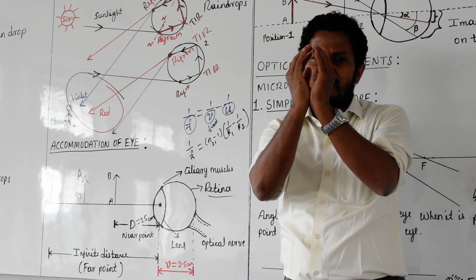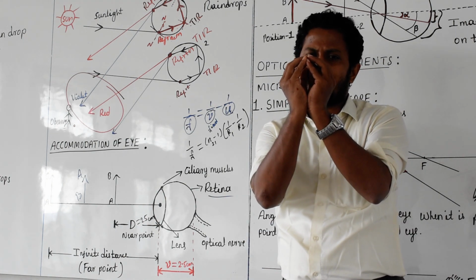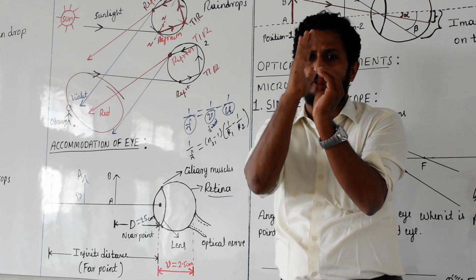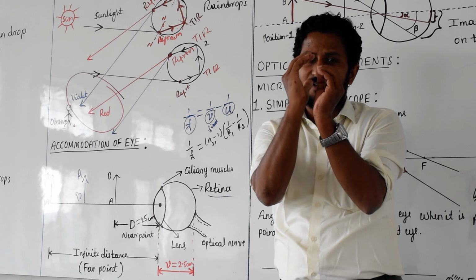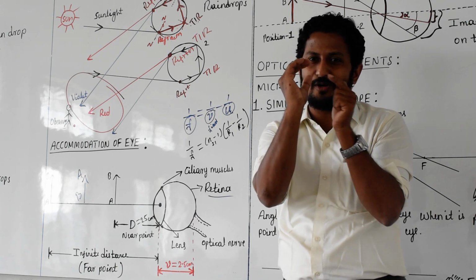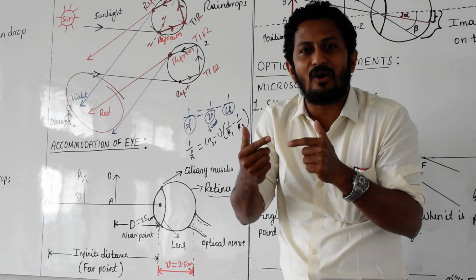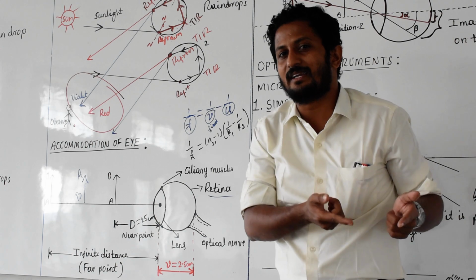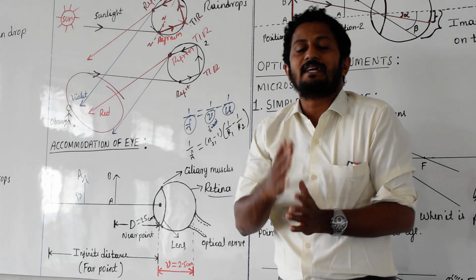When the ciliary muscles compress the eye lens, the curved portion, the curvature, decreases. What about the radius? The radius increases. As the radius increases, the focal length of the eye lens also increases.